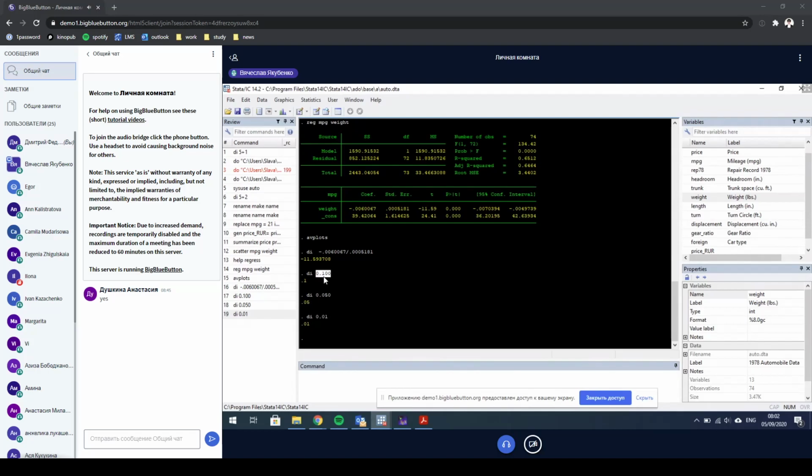If we are between 0.1 and 0.05, we say that this coefficient is not strongly significant, it's weakly significant. Yeah, so there is some connection, but we don't believe it to be very strong. However, we already can suspect something.